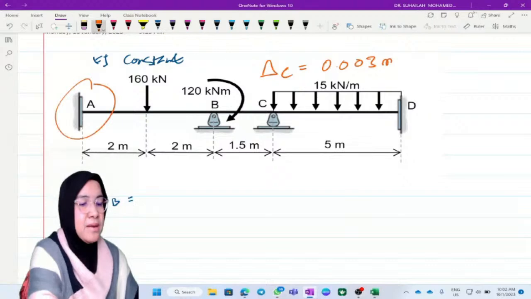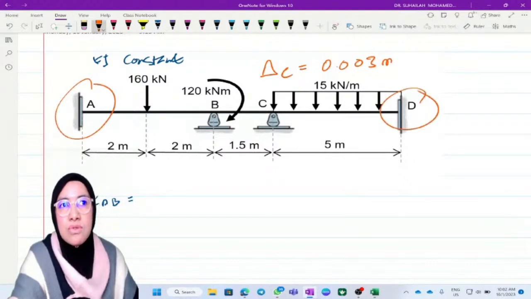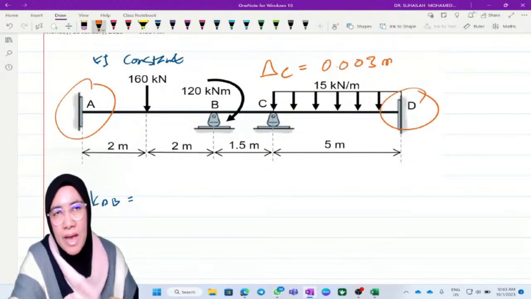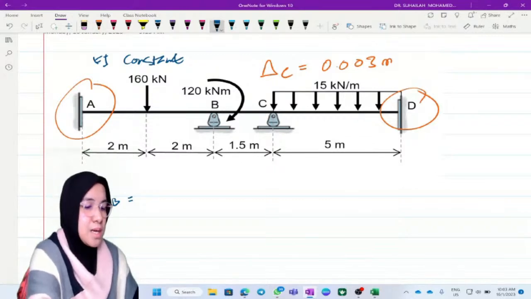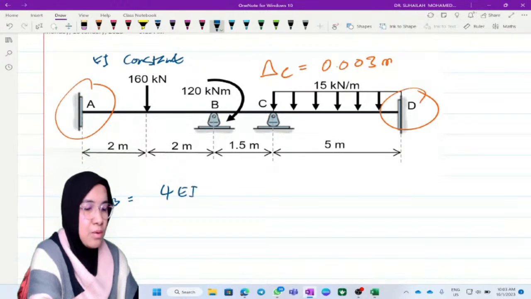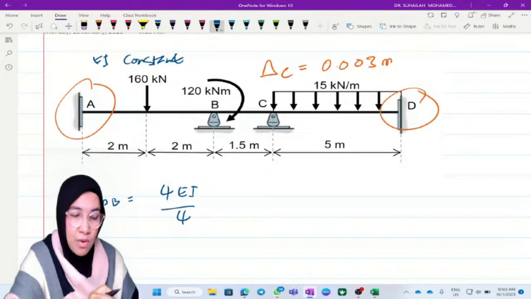At A is a far end, D is a far end, so the internal joints are also considered as fixed. So we use 4EI over L for all members. So we calculate based on 4EI over 4. So this is for AB.